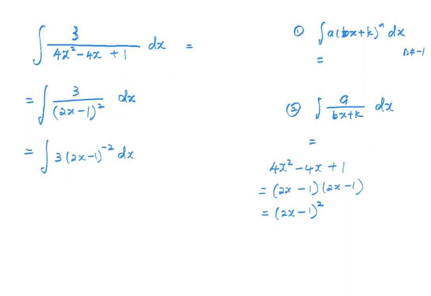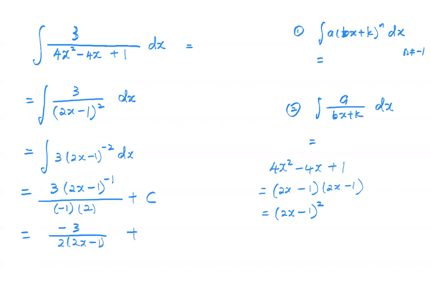This is not negative 1. So what I can do is: 3, copy down the whole thing, power plus 1, divide by the new power, and divide by the coefficient of x, then plus c. Okay, so I got negative 3 over (2x minus 1), plus c. Done.